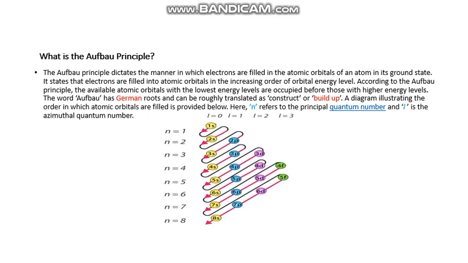For example, 1s has n=1, and for s l is equal to 0, for p l is equal to 1, for d l is equal to 2, for f l is equal to 3. It means the filling of electrons in subshells must be done from 1s to 8s and onward.